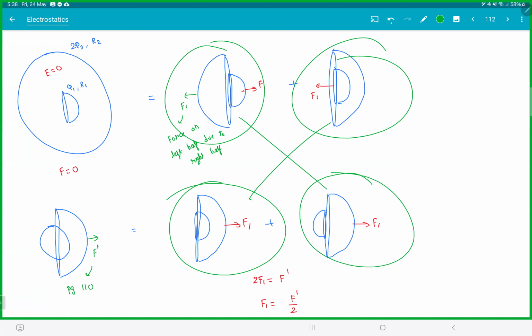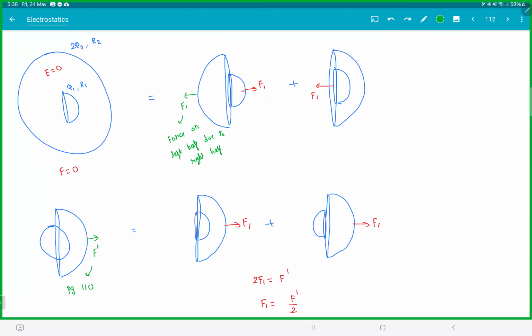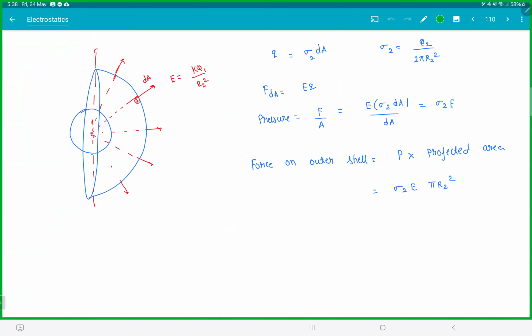The crisscross, they look the same. Here, when you kept this F1 and this F1, they got cancelled and you got zero. But in this scenario, this F1 and this one are adding up and you're getting F dash. Able to see the symmetry, everyone? And F dash is to be calculated in this problem.